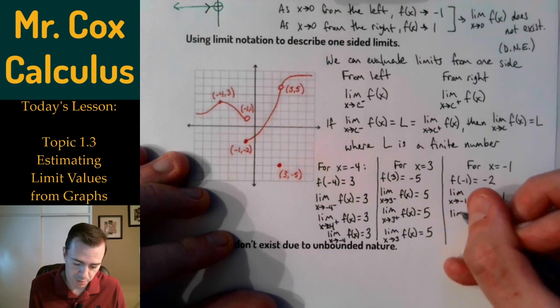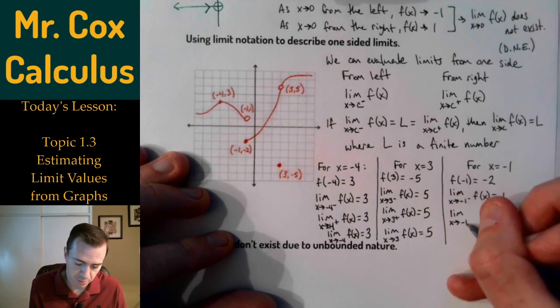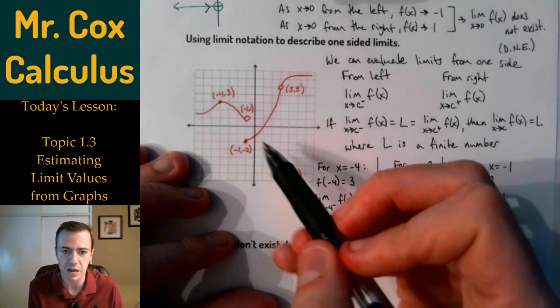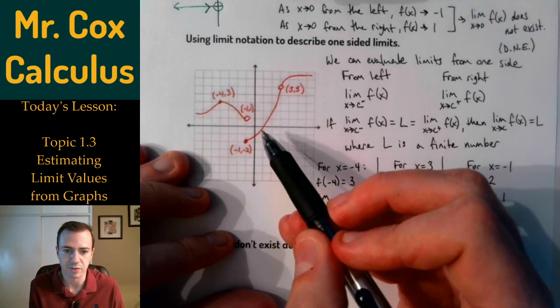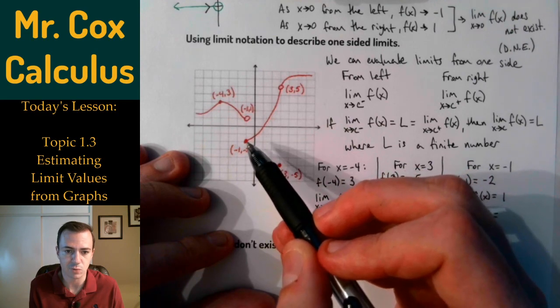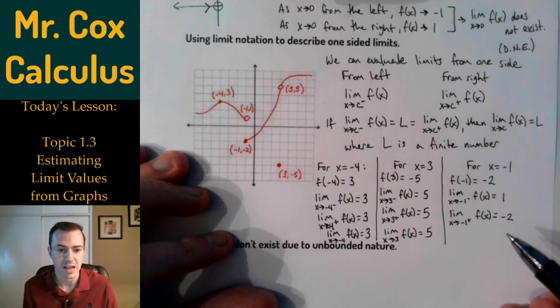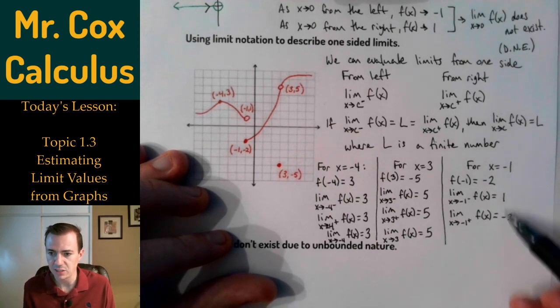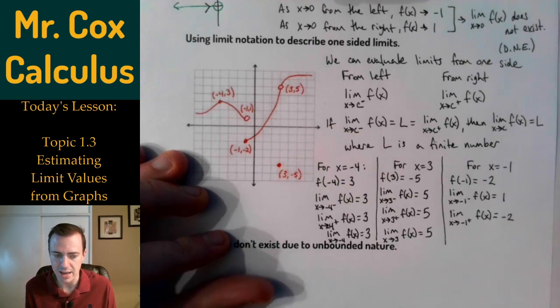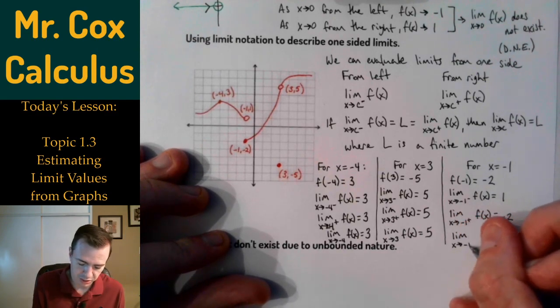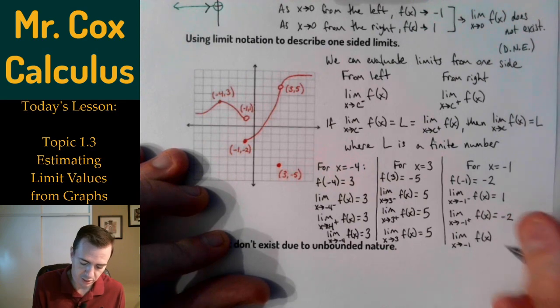However, whenever I approach from the opposite direction and look at the limit as x approaches -1 from above, so now I'm tracing from this direction headed to -1, you can see my function values are approaching -2.